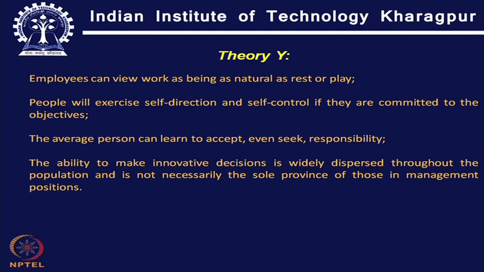People will exercise self-direction and self-control when they are committed to certain objectives. So theory Y gives more importance to the person as a holistic person who has his or her own choices and decision making, and loves taking responsibility, but theory X generally does not assume that.